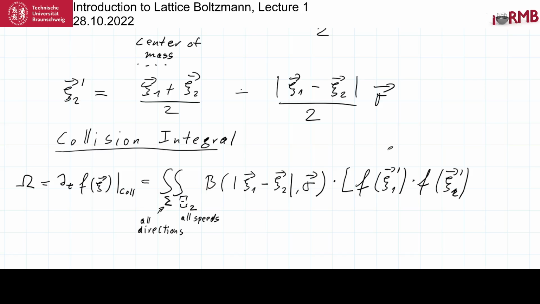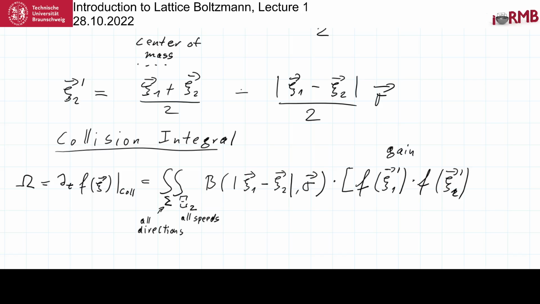This is the gain term. So there are new particles; the probability, so to speak, is generated. They come into the system. On the other side, the particles that were going in, the state that was going in, is destroyed.